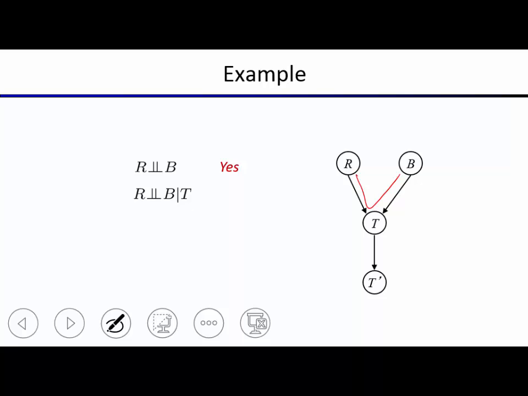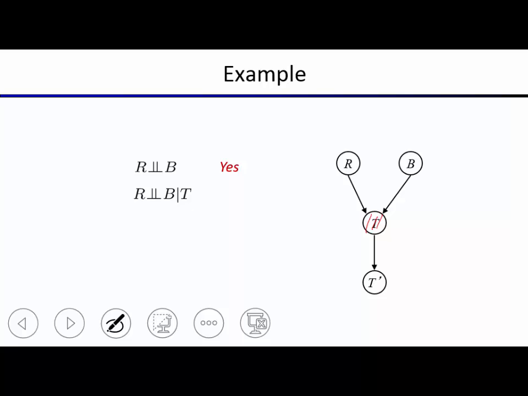How about R independent of B given T? So I hear a no, T is observed. Still only one path between R and B. That one path has only one triple, RTB. That triple is an active triple.